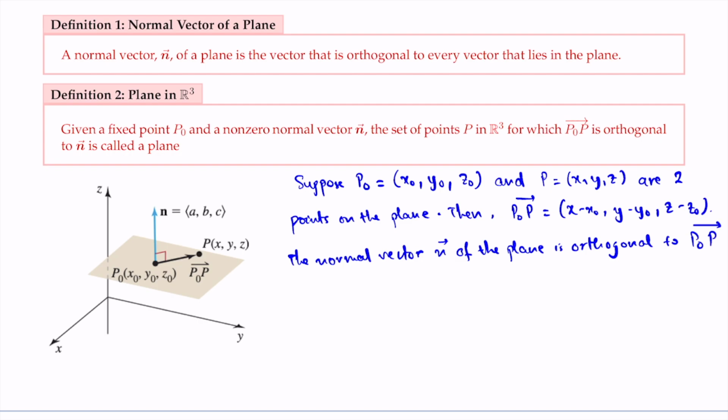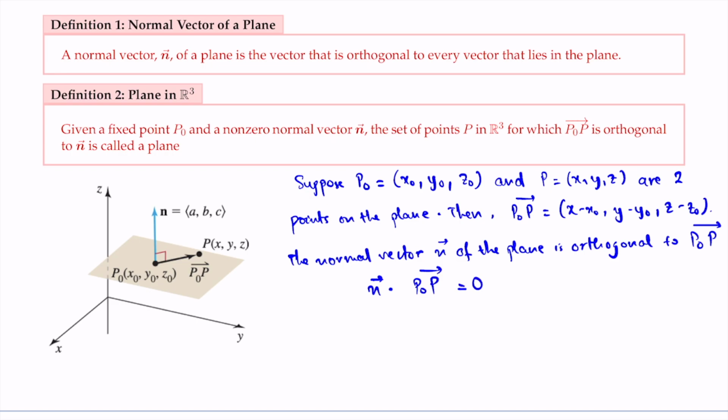And when that is the case, we're going to apply the dot product between these two vectors. If you go back to the lecture on the dot product, you will see that if two vectors are orthogonal to one another, or they form a 90-degree angle, then the dot product is equal to 0. So you have n dot p0p equal to 0.